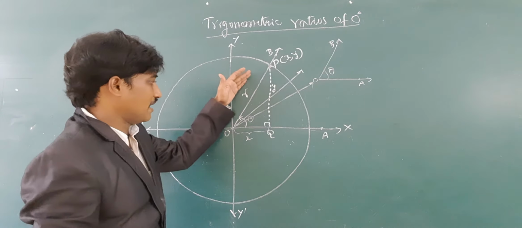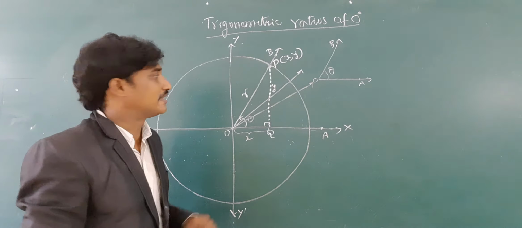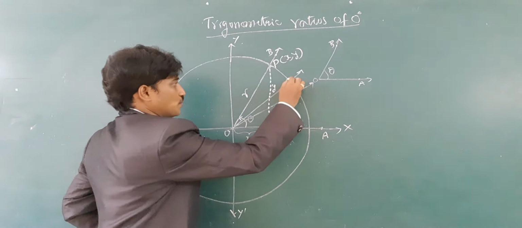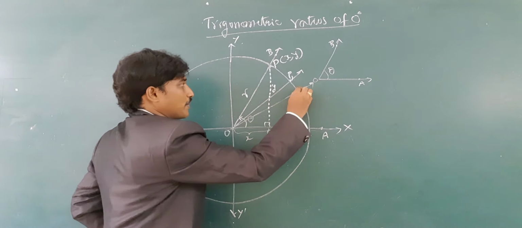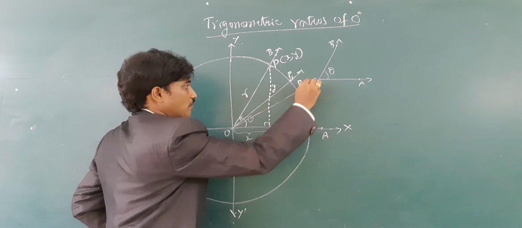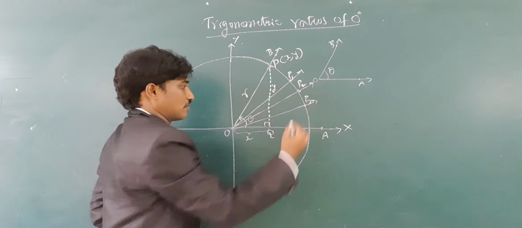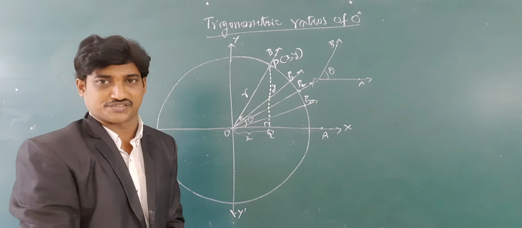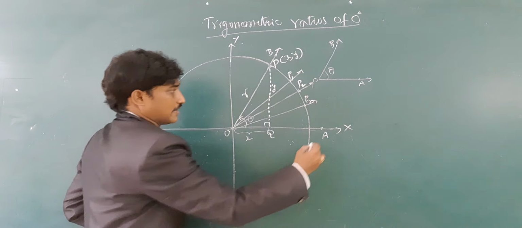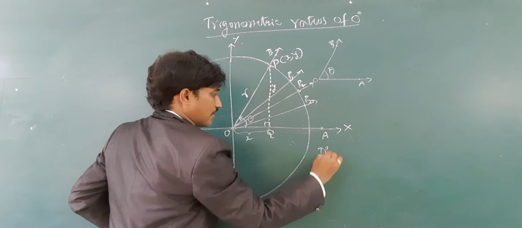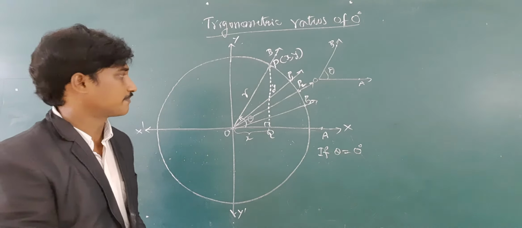If OP leans towards OA, if theta decreases, then P position moves to P1. If it decreases some more, P position moves to P2, like the way it moves towards OX. If theta equals 0 degree, then what happens?